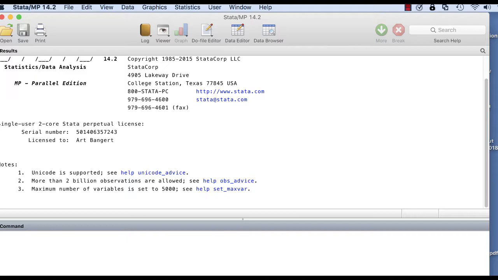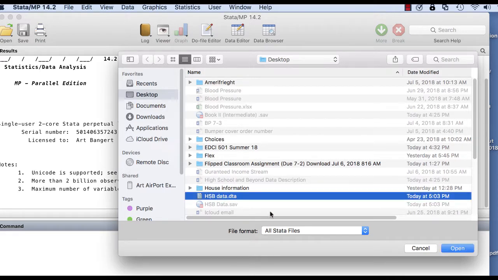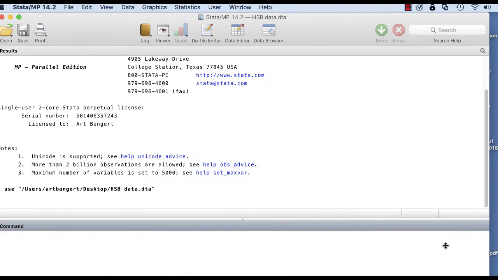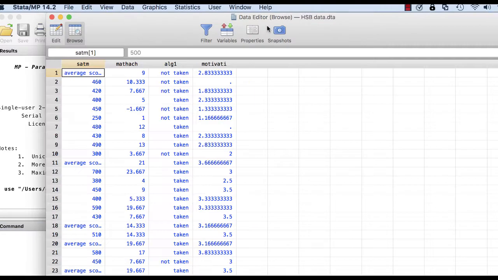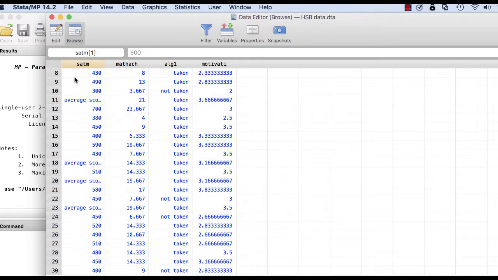What I'd like to do now is demonstrate how to use Stata to conduct a multiple regression analysis. The data that I'm going to use for this example, I've taken from the High School and Beyond data set. The subset of data that I have here is SAT math scores, math achievement scores, algebra 1, and motivation scores.